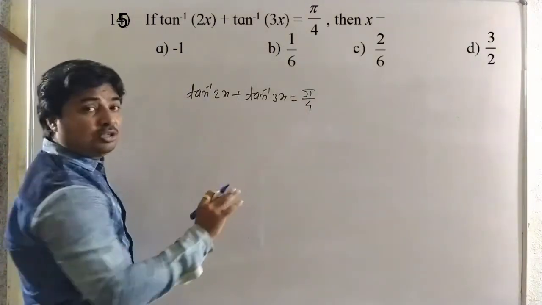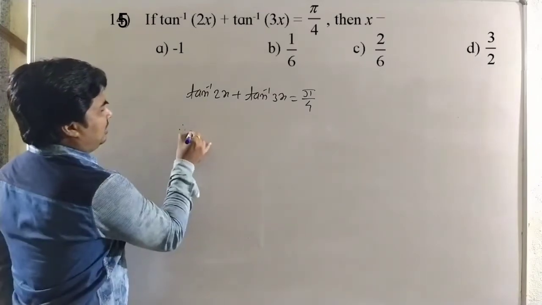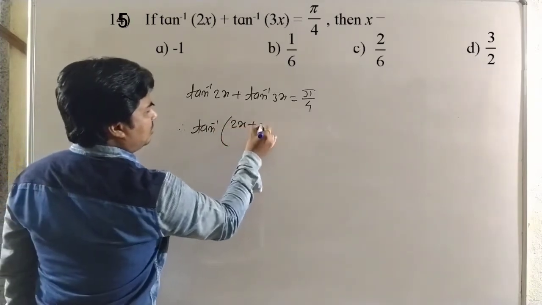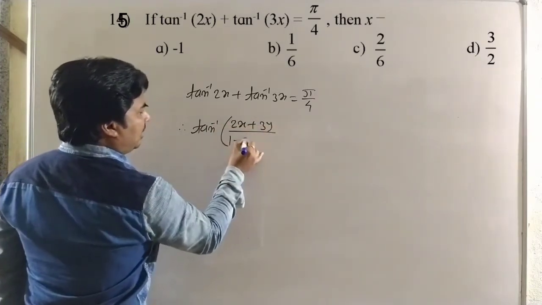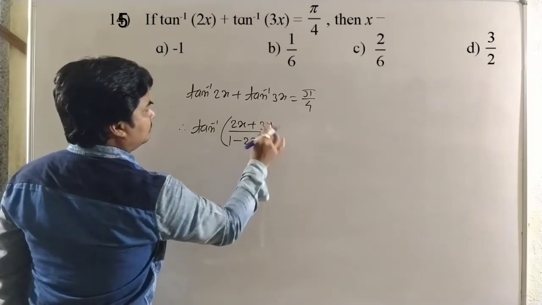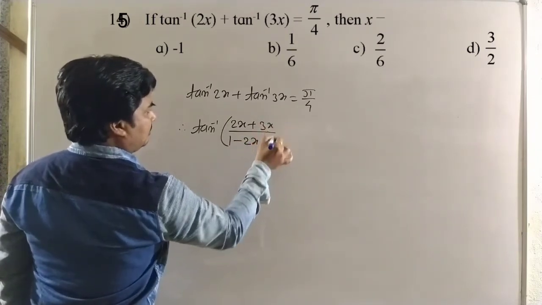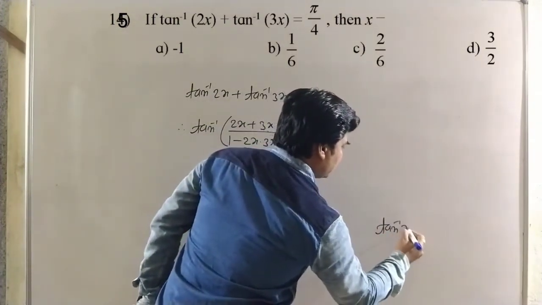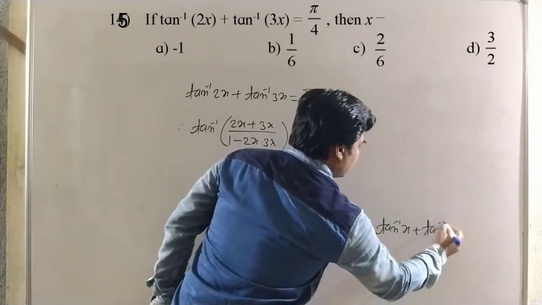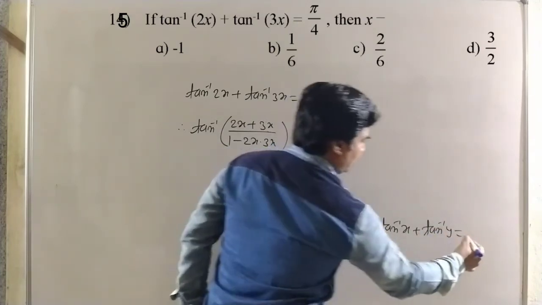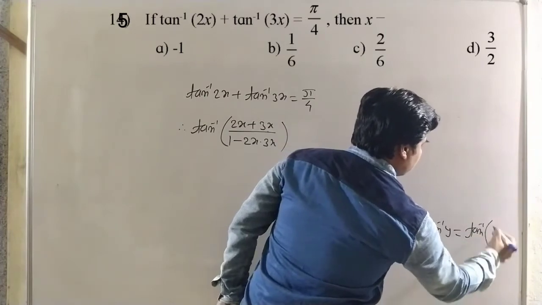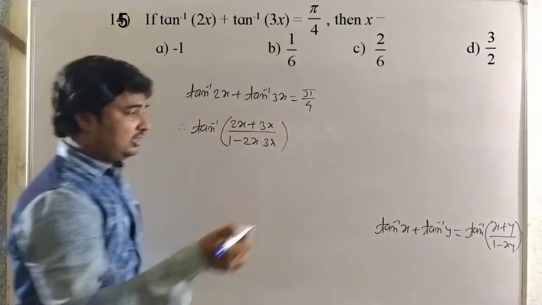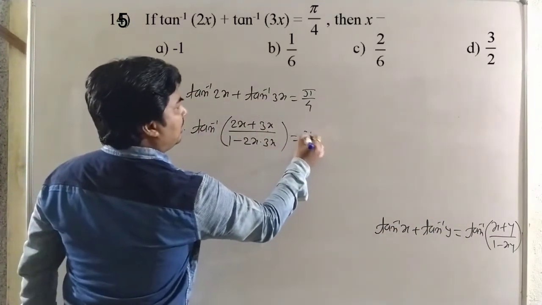Here we use the formula tan inverse x plus tan inverse y, and therefore we write tan inverse of x plus y upon 1 minus xy, so it is 3x. The formula is tan inverse x plus tan inverse y is equal to tan inverse of (x plus y) upon (1 minus xy), where x and y are greater than 0, and this is equal to pi by 4.